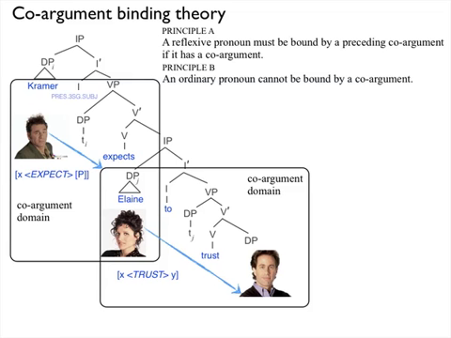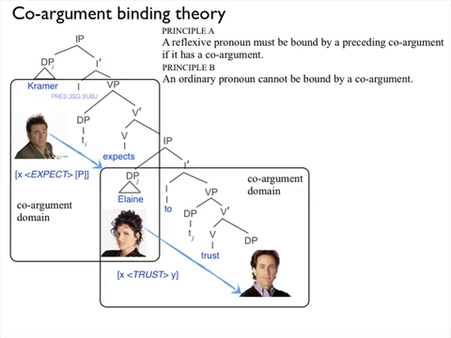So Elaine here has as a co-argument Kramer. In the tense clause situation, Kramer is not a co-argument of that position. But we've defined this in such a way that with infinitival clauses of this sort, the subject is both a co-argument of the embedded clause and a co-argument of the elements in the upper clause.